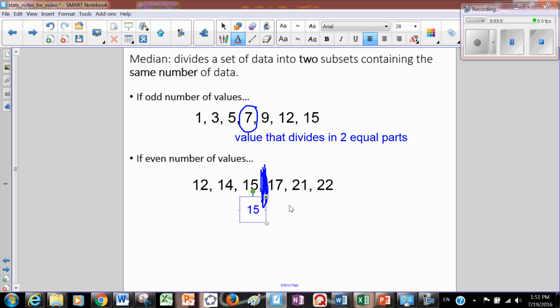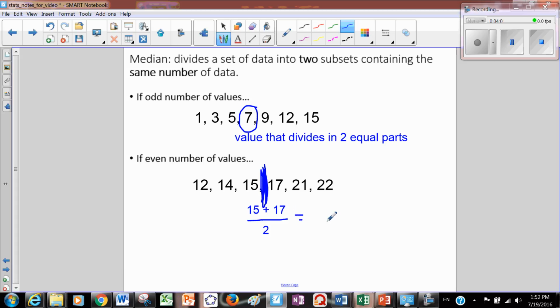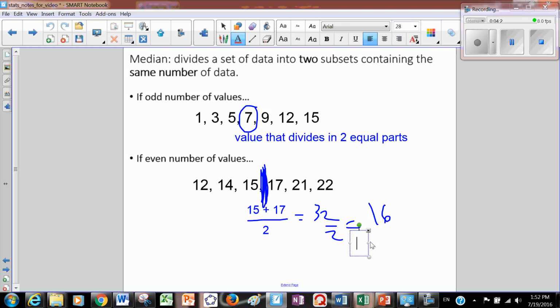So you're going to do 15 plus 17, and then divide that by 2 to find the average. That gives me 32 divided by 2, which is 16. You realize here that 16 is not a data in your set. So sometimes the median will be a data, sometimes it will not be a data, and that's normal.